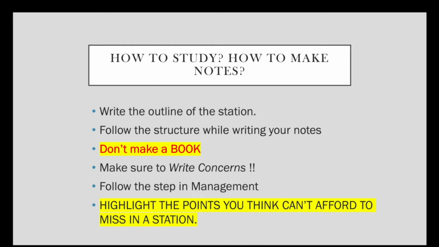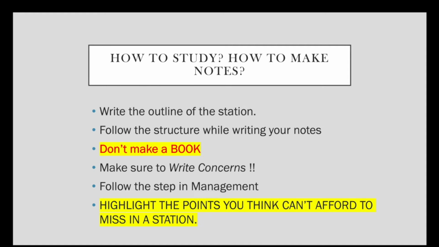In any chest pain station, you have to remember that you have to order an ECG and an enzyme. You cannot miss these 2 points in the investigation. So such things are very important to highlight. When you highlight them in a different color or with a different highlighter, you make sure that these are the most important points of this station and you cannot afford to miss them.